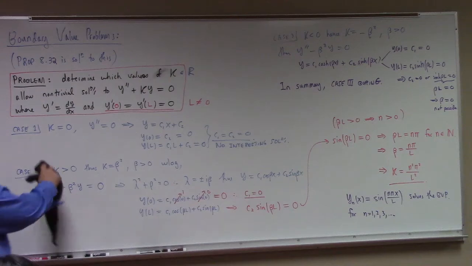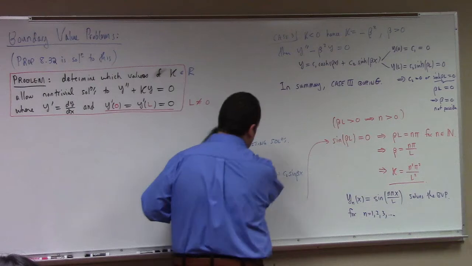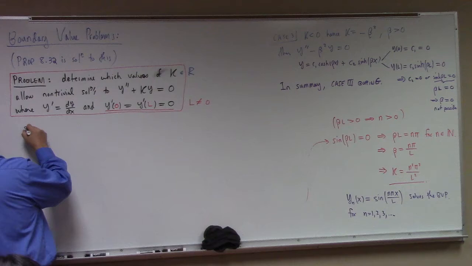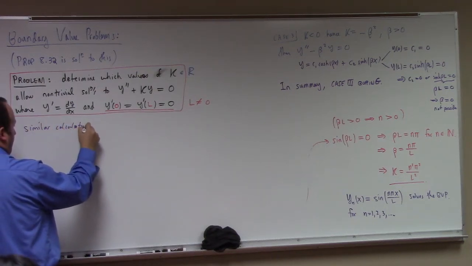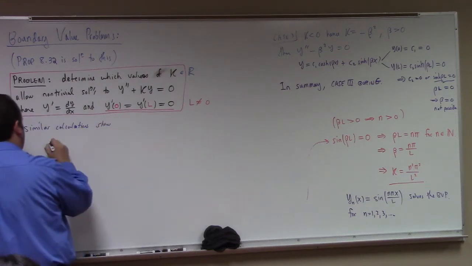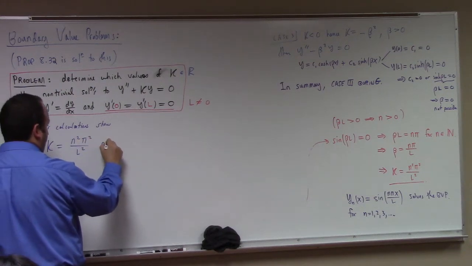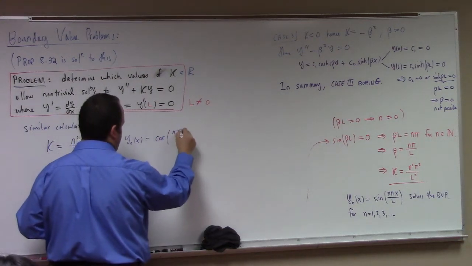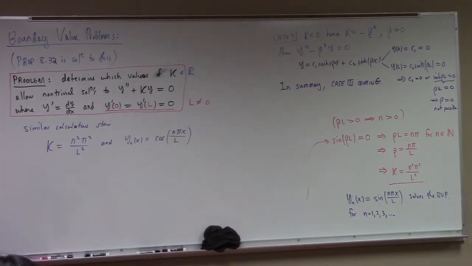But just to summarize what happens if you go through what I just went through, but for that case. Similar calculations show k must be equal to n squared pi squared over L squared, and we get solutions y sub n of x equal to cosine of n pi x over L, which is really, if you think about it for a second, not surprising, because if we differentiate cosine of n pi x over L, what happens?